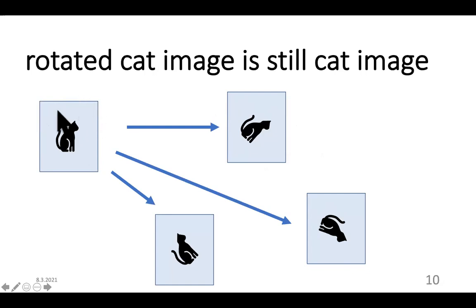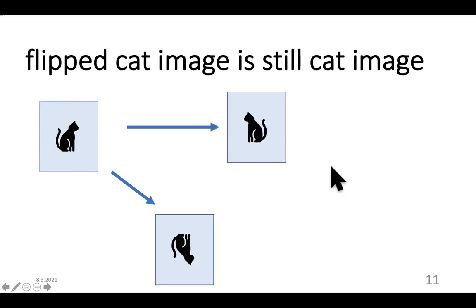So you can add these 3 further data points to your training set, because you know the label. The label didn't change by rotating them. So if you know that this was a label cat, then you know the label of these data points. Another example, flipped images. If you flip a cat image, it's still a cat image.